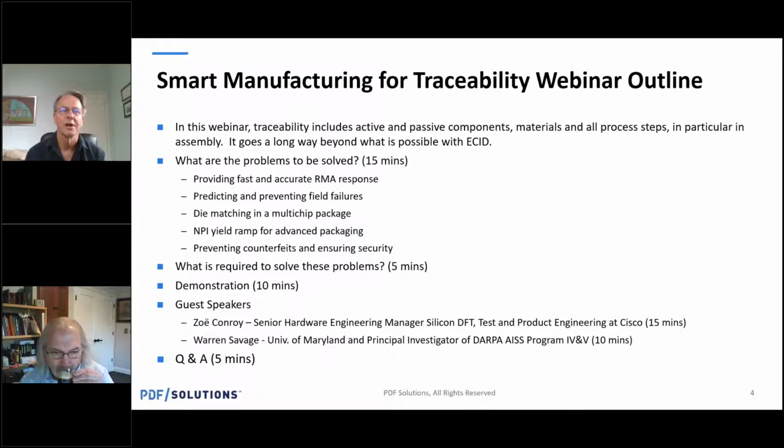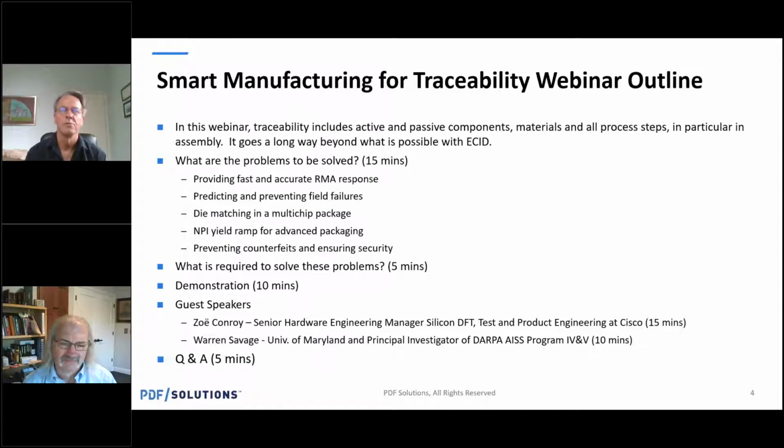Those problems fall into these categories: fast and accurate response to an RMA; predicting and preventing field failures so we don't get RMAs in the future; how we can match die in a multi-chip package based on the matching wafer sort and wafer test parameters; how we can ramp up a new product introduction yield ramp for a product which involves advanced packaging, which is a challenge; and finally, how we can prevent counterfeits and security breaches in our supply chain.